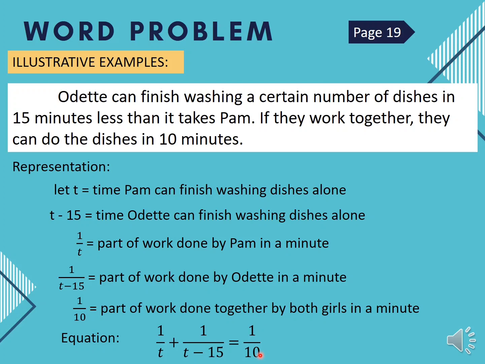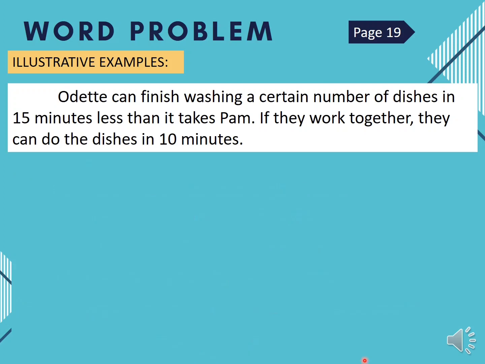And that is when they are together. Since we already have the equation, let us solve it. 1 over T plus 1 over T minus 15 is equal to 1 over 10. So this is our given, our formulated equation.